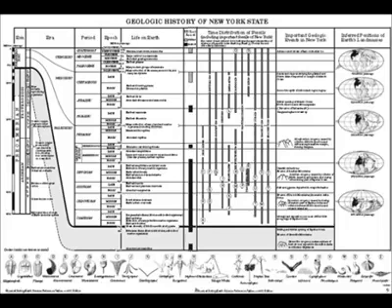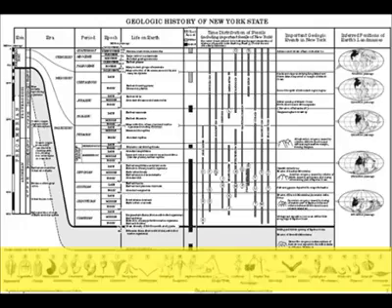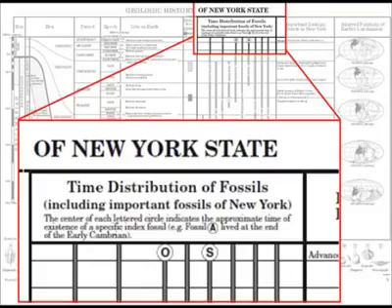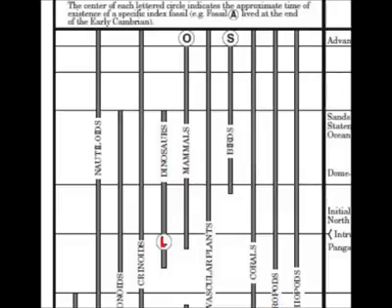The index fossils are found on pages 8 and 9 of your reference table, and you can see down here at the bottom there are all these lettered animals and plants and their fossils. And if you look in this section here, it shows the time distribution of fossils. It would have a category of creatures, such as dinosaurs, and then it would have one type of dinosaur.